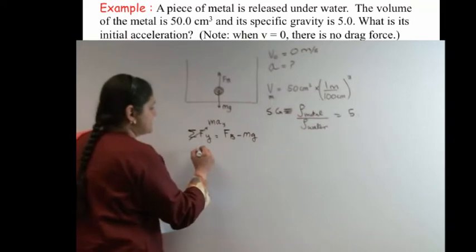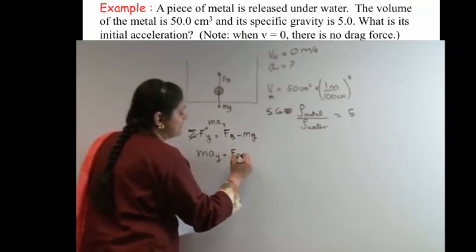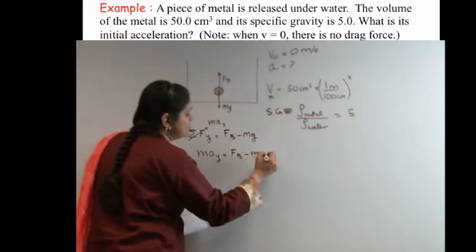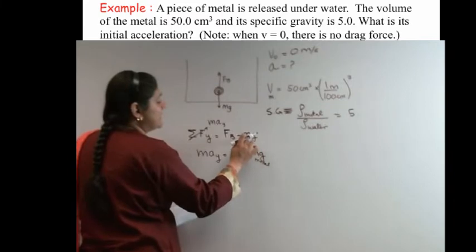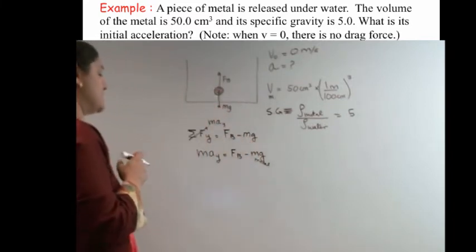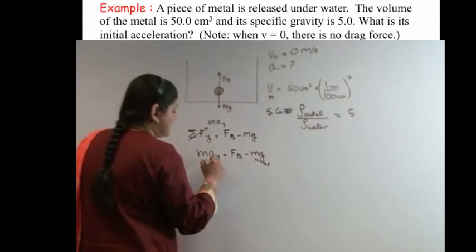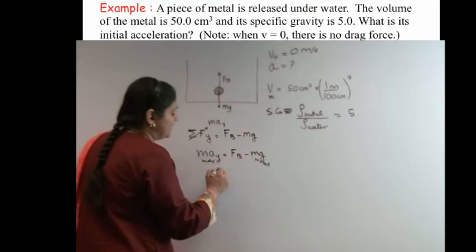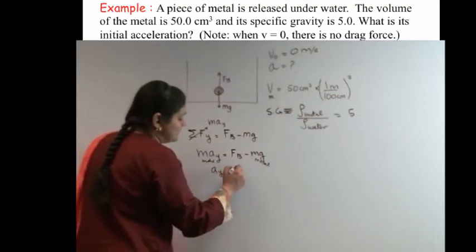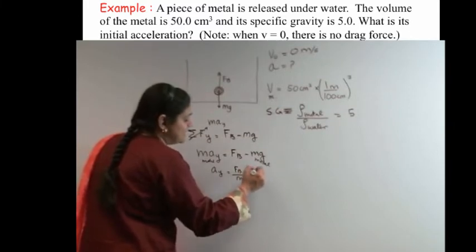So that means it's going to be may equals the buoyant force minus mg, where this is m of the metal. So if I solve this for ay only, ay will be buoyant force divided by mass of the metal, minus g.